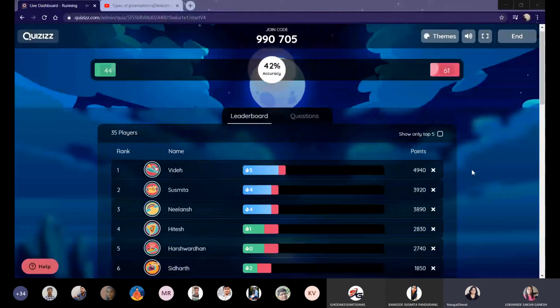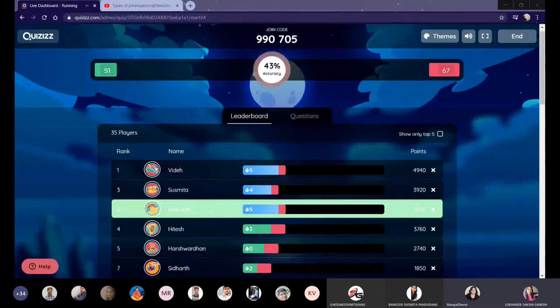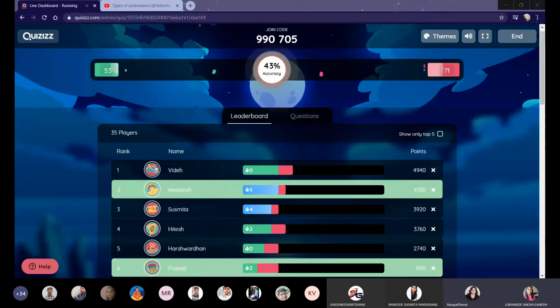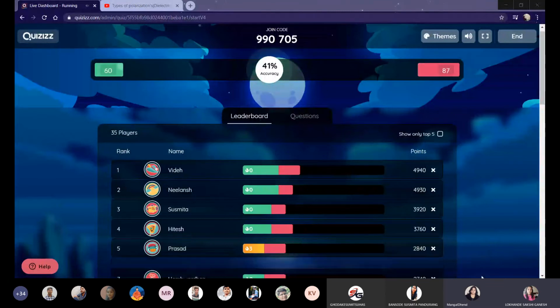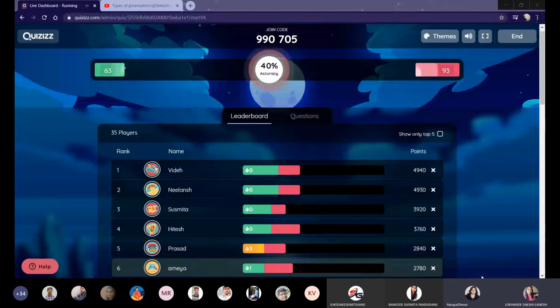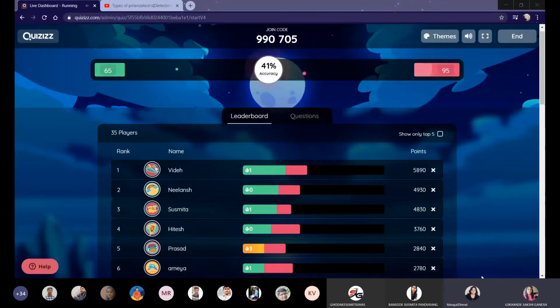Sakshi, second question. Yes, ma'am. Vidya is leading. Yes, ma'am. Nilansh second, Sushmita is up.